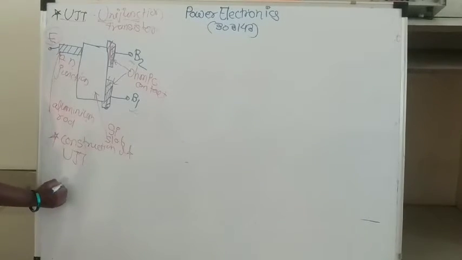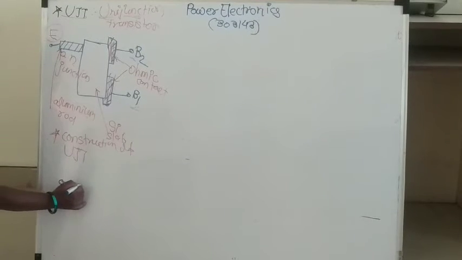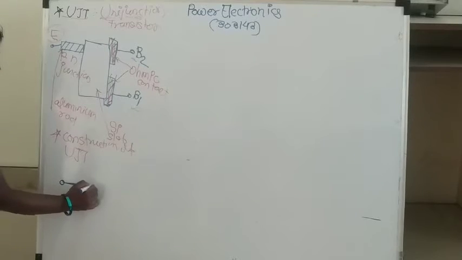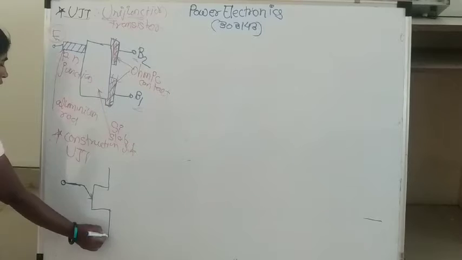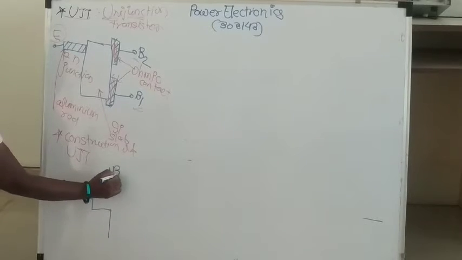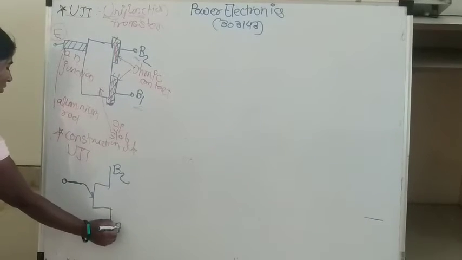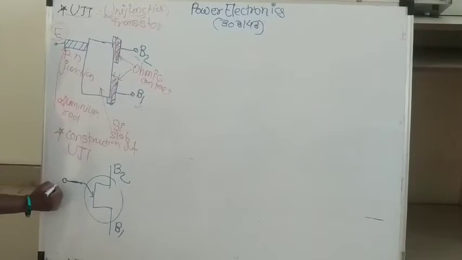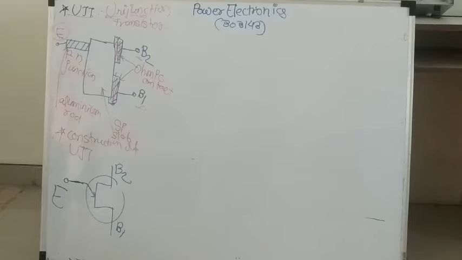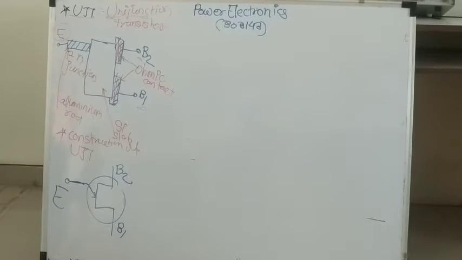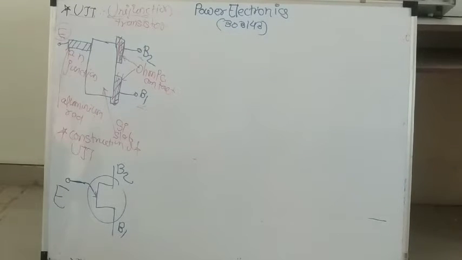This is the emitter terminal, having two bases, base 2 and base 1. This is the symbol having three terminals: emitter, base 1 and base 2.